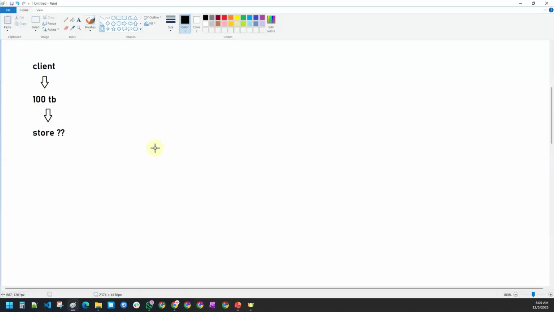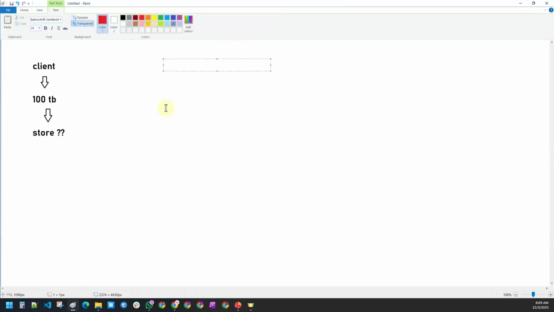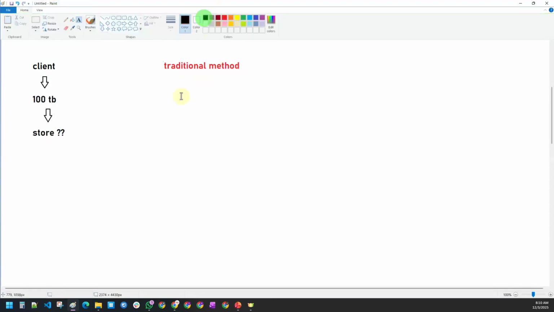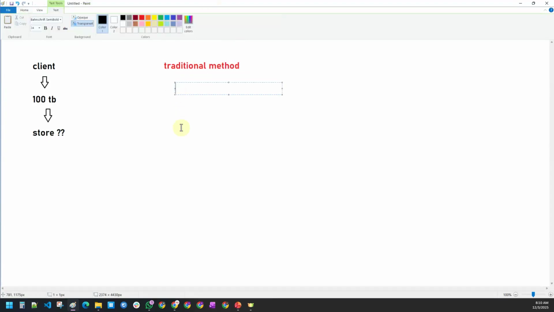If I don't have a cloud platform, we have to work in the traditional method. In the traditional method, you have to first purchase all the hardware. You have to install or create a server out of it.